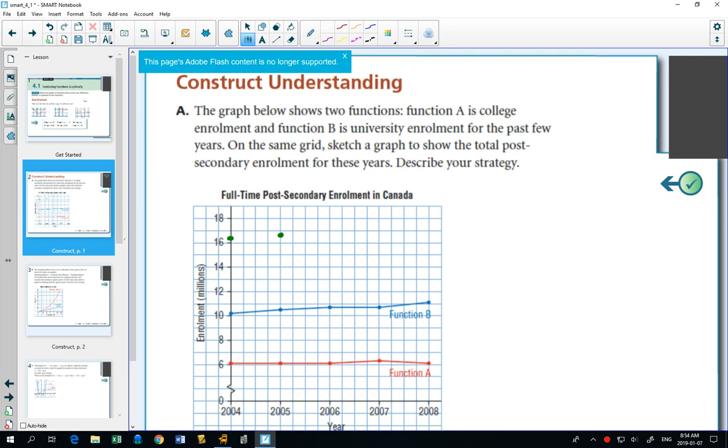In 2006, again, just over 6 million, almost 11 million, so we'd be really close to 17 million. 2007, looks like there's enough to be just over, and in 2008, over 6 million, over 11 million. If we join the graph as well, this is what it would look like if we were adding graphs.